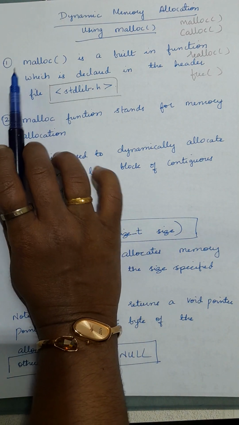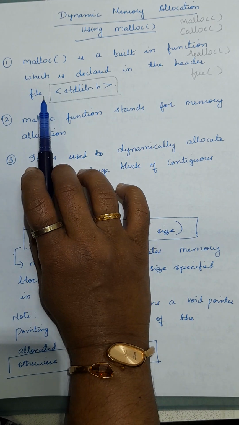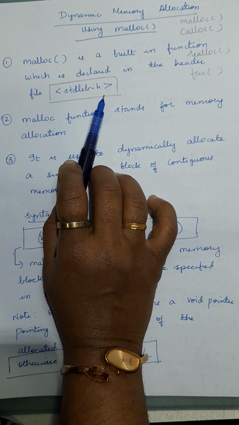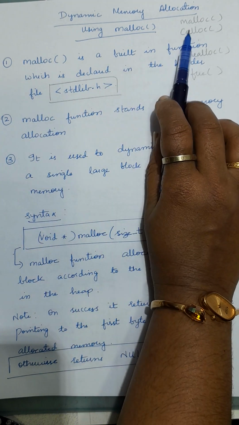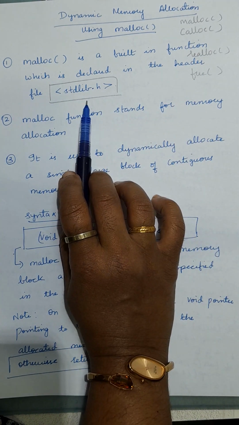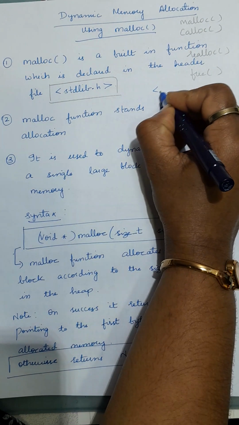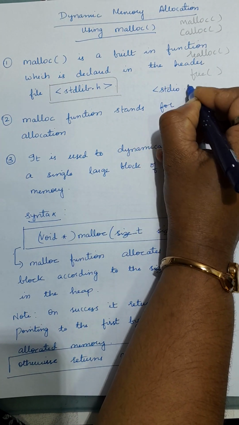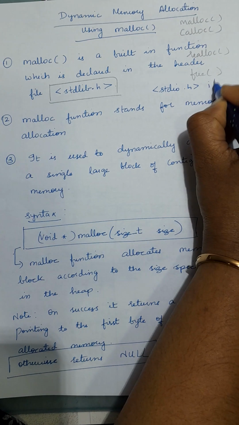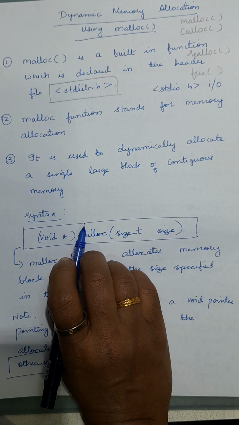So malloc is a built-in function which is declared in the header file. Which header file? stdlib.h. So when I'm using malloc, calloc, realloc or free, then I have to include the header file stdlib.h. stdio.h is the header file which is mainly used for input output instructions like printf and scanf.